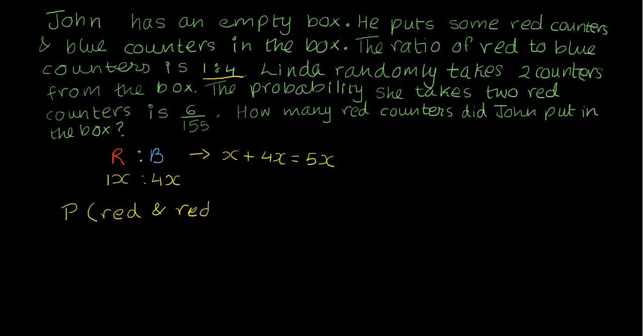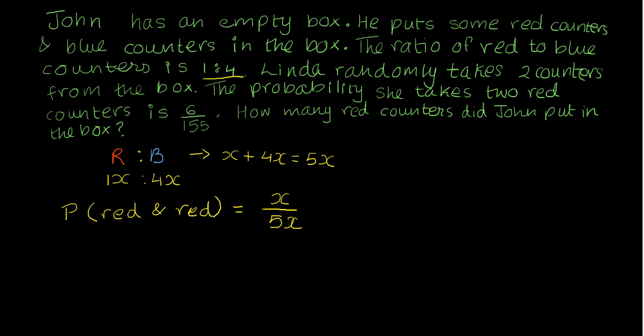When she takes the first red counter, the probability of her getting 1 red counter would be 1x over 5x. That's the first red counter, because there is 1x or x red counters out of 5x counters.